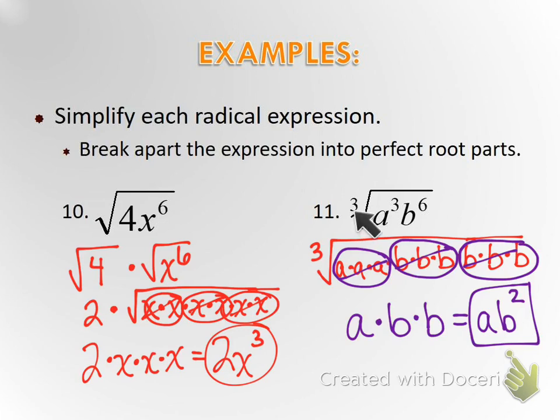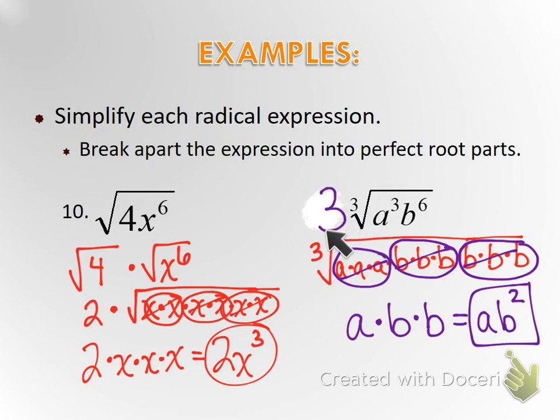Are we talking about the 3 that's right here? Yeah. Okay, that 3 is our index. It belongs with the radical. So if our radical is gone, so is the index. Now there's a difference if we have a big 3 out in front of the radical. That 3, the big 3, would have to stay as part of our answer.